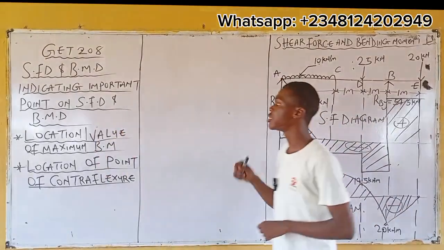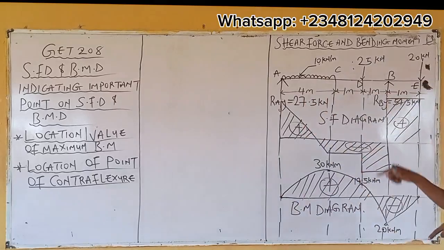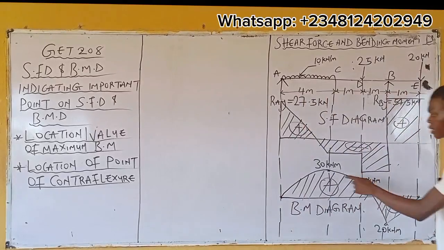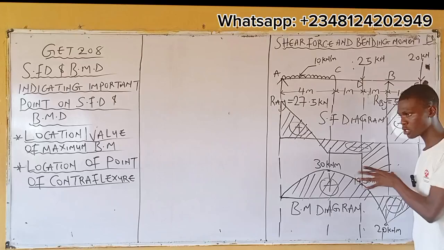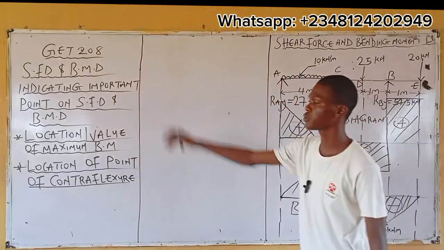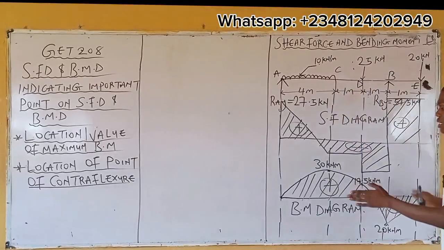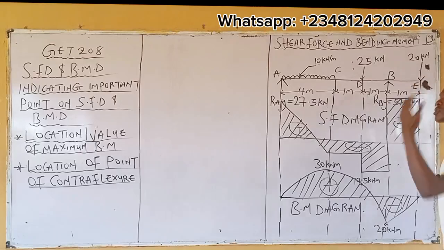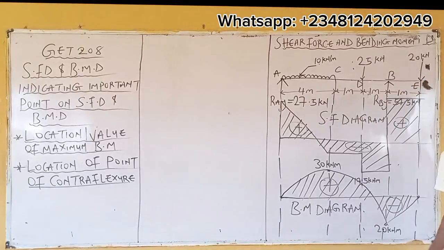So when we say the location and value of maximum bending moment, it's still the same thing we are doing. Let's relate it to this number 1 important point of shear force and bending moment diagram. Looking at this, what is the location and what is the value at which the greatest maximum bending moment occurs?